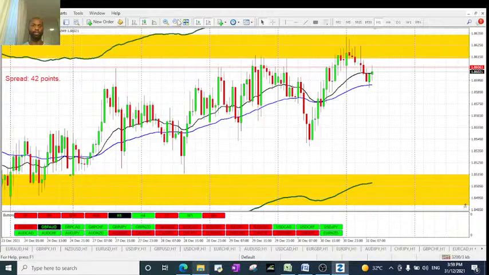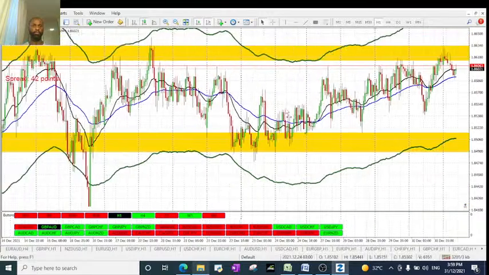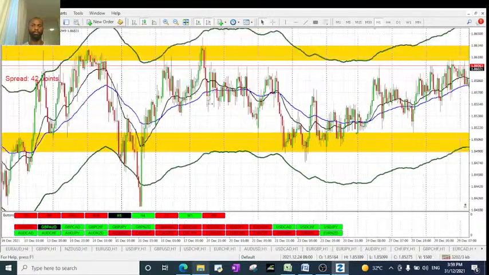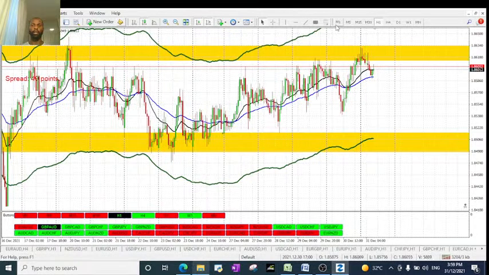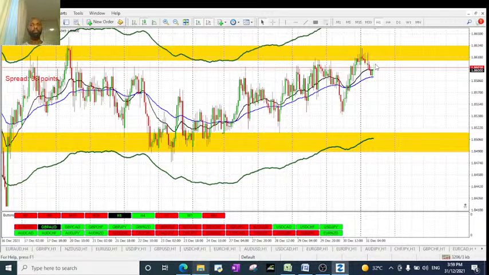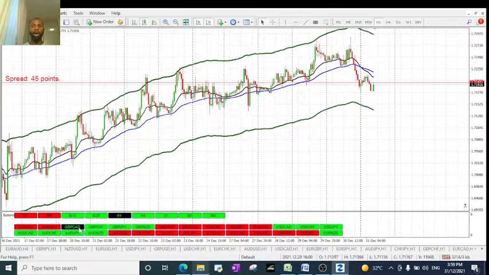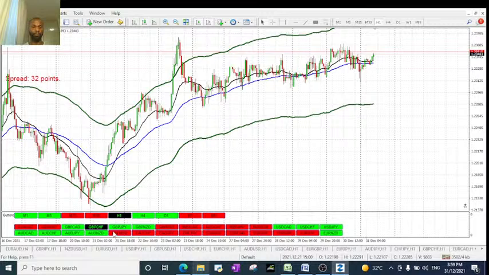So taking buys here, nah, not a good idea. Instead, we want to see if price will rally into this zone, show rejection, then we take the trade down. So let's see.